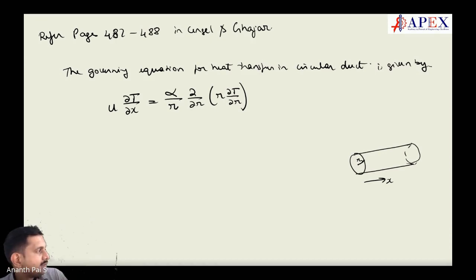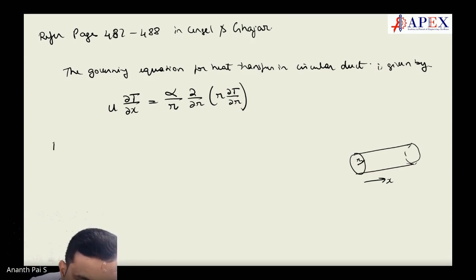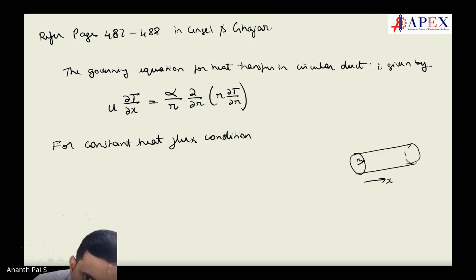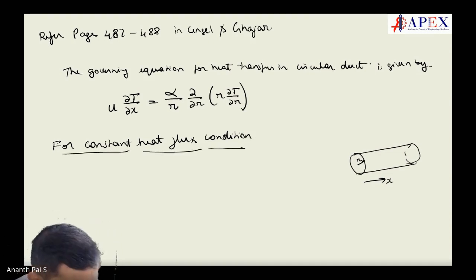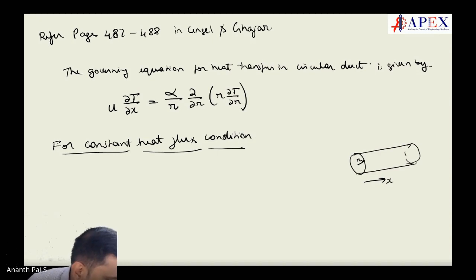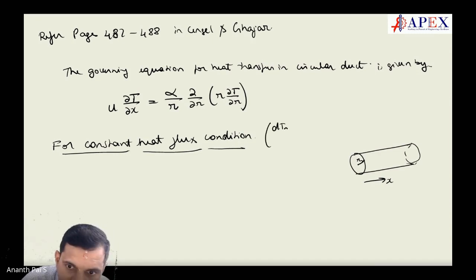This is the way heat transfer happens in pipe flows. You can consider z instead of x. It's cylindrical heat transfer, or heat energy equation in cylindrical coordinates. Anyhow, for a constant heat flux condition, after the derivation is done, we get dTm by dx.